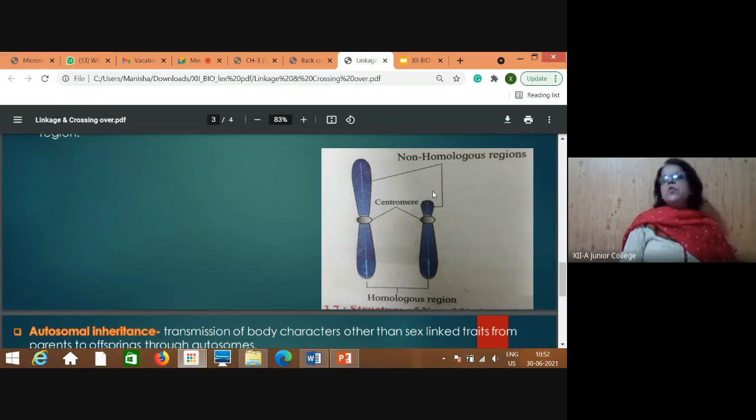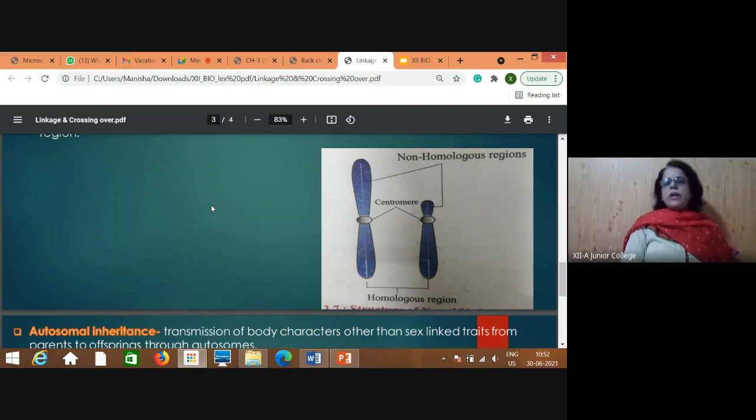So this region is called the non-homologous region, which is dissimilar in X and Y. This part is different from Y, and this part is different from X, so it is morphologically dissimilar.